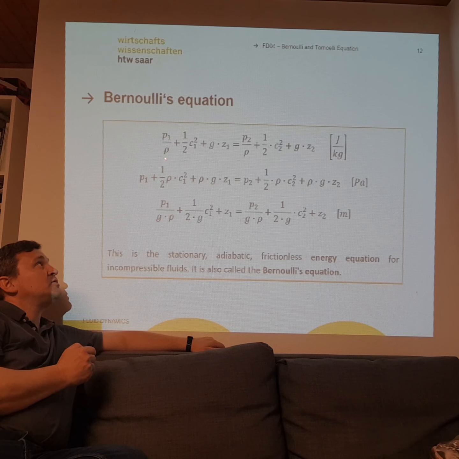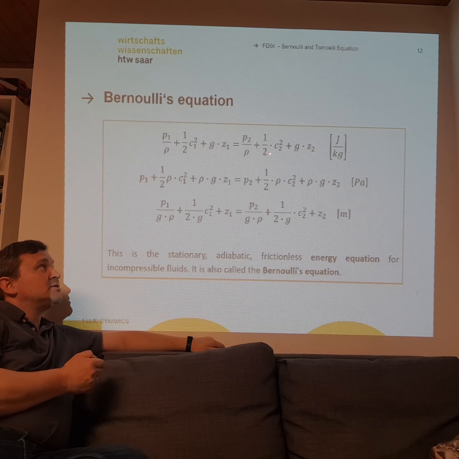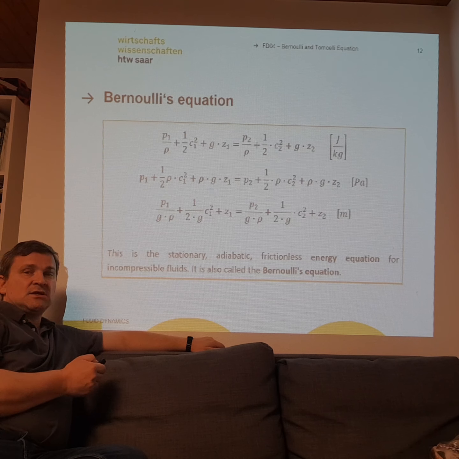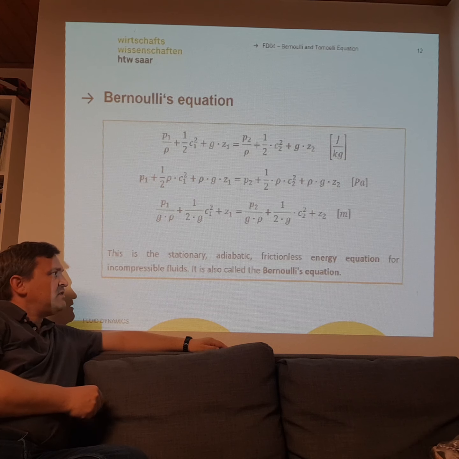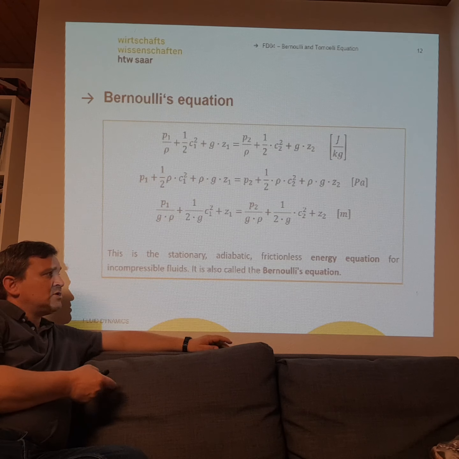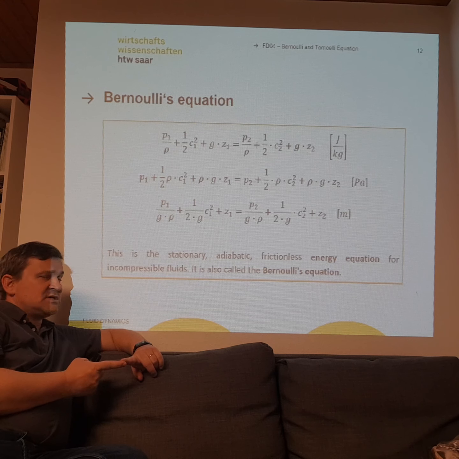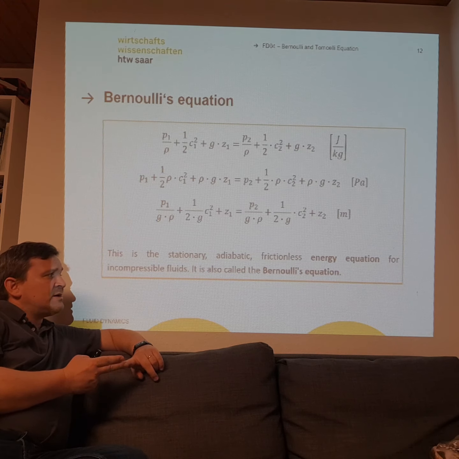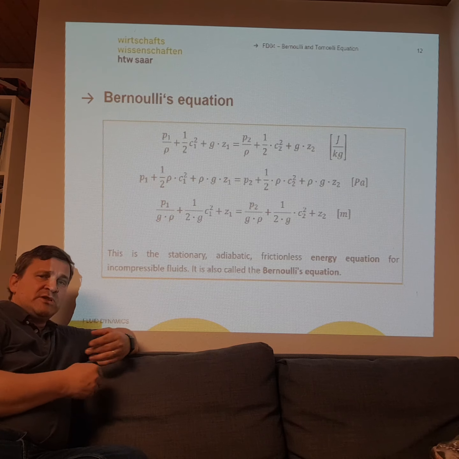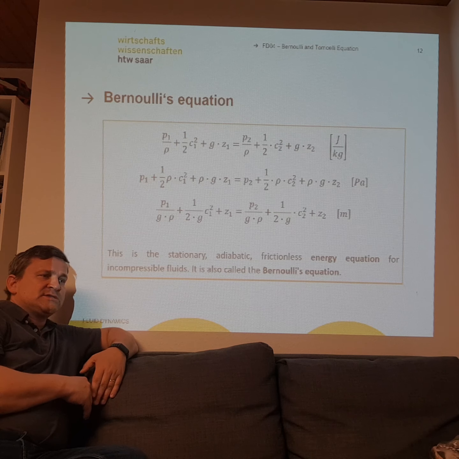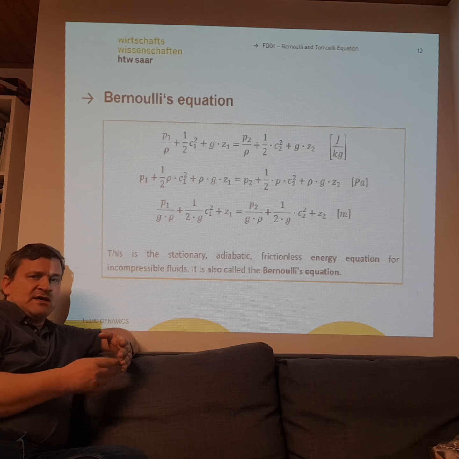And there you have all your values at the entry of the pipe, and here are your values at the exit. And then you can balance. Okay. But of course, in this equation no friction or temperature changes are added. But there are formulations of the Bernoulli equation that include these effects.